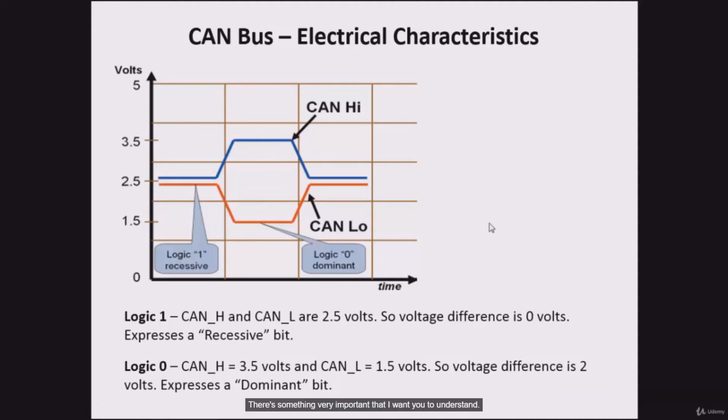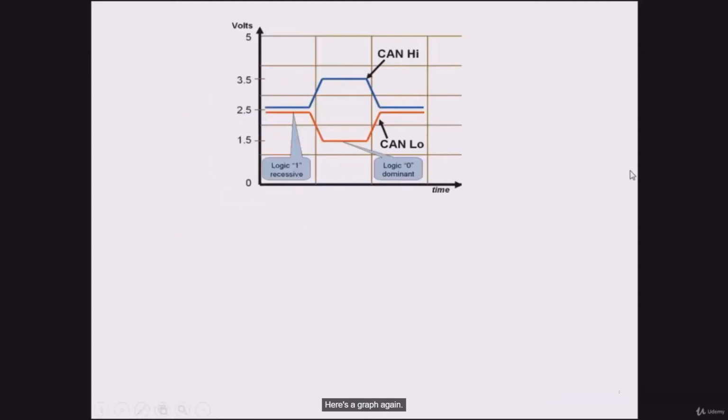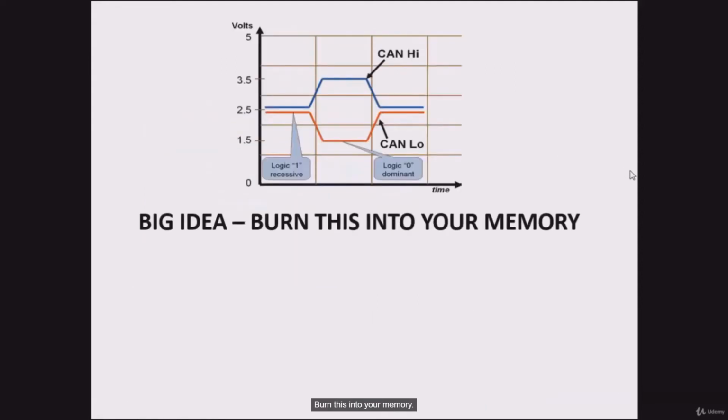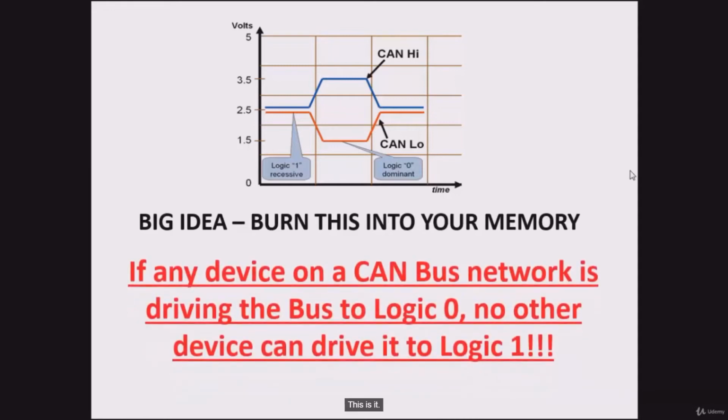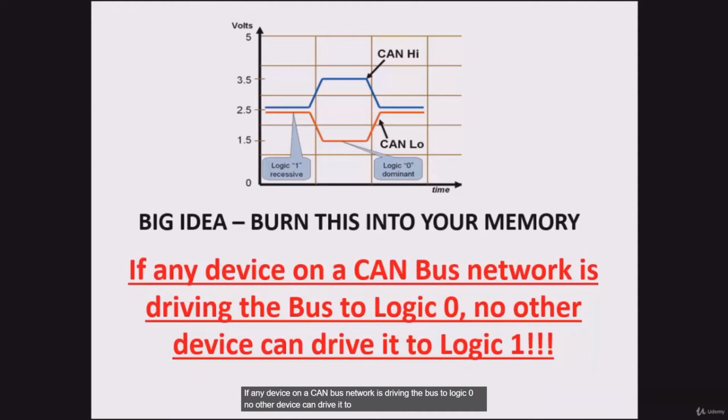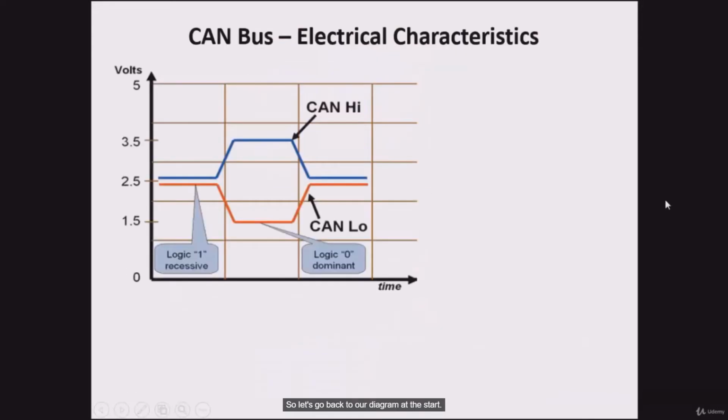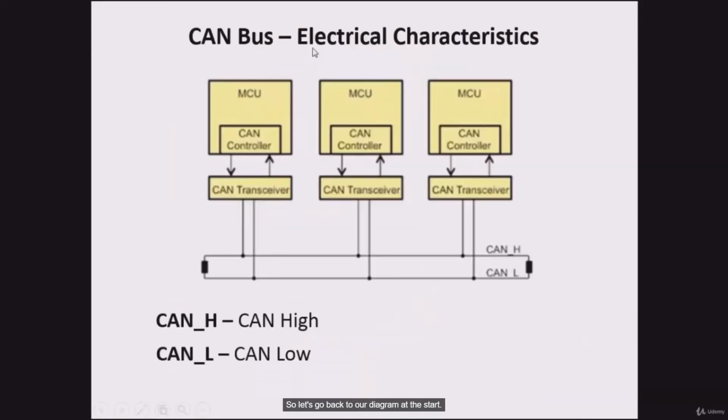Big idea here. There's something very important that I want you to understand. Here's our graph again. Burn this into your memory. There's a rule, and this rule is enforced by the electrical characteristics of the CAN bus network and those 2 wires. If any device on a CAN bus network is driving the bus to logic 0, no other device can drive it to logic 1. It's electrically impossible. So let's go back to our diagram at the start.